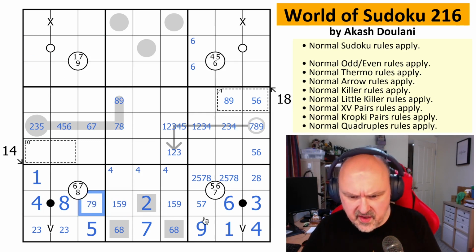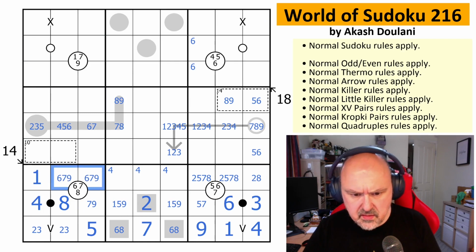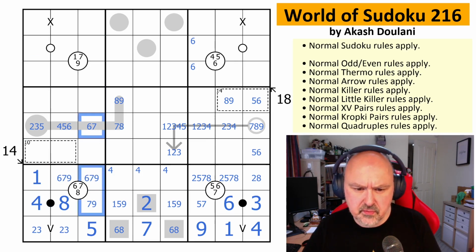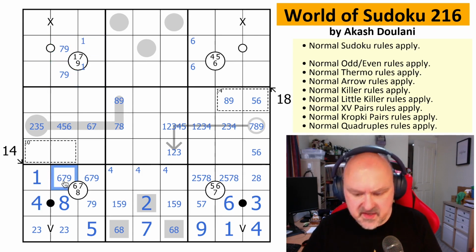There's no 1 there. So this is 6, 7, 8, 9. That's a 6, 7, 9 triple. So 7 and 9 must be up there. There must be a 1 in there. That 7, 9 triple means that's the 6.